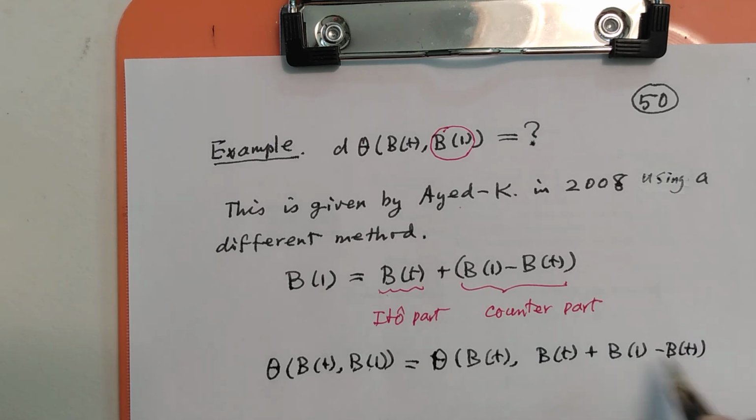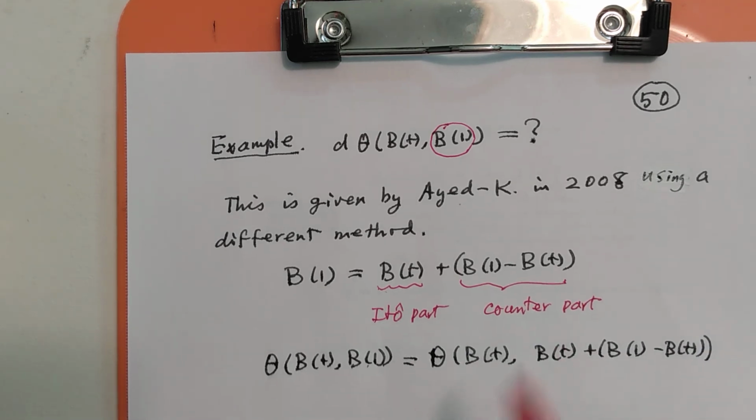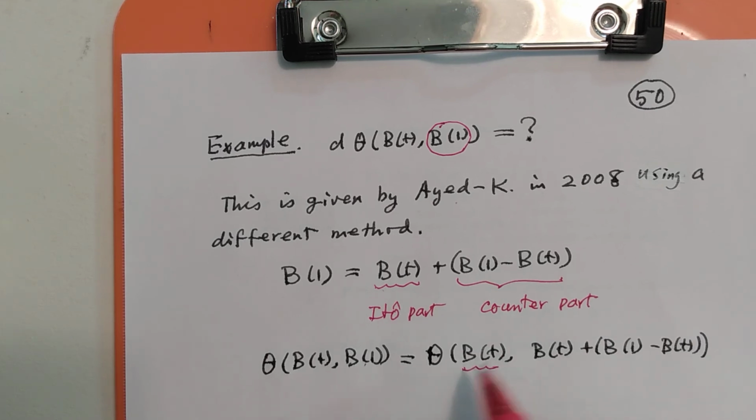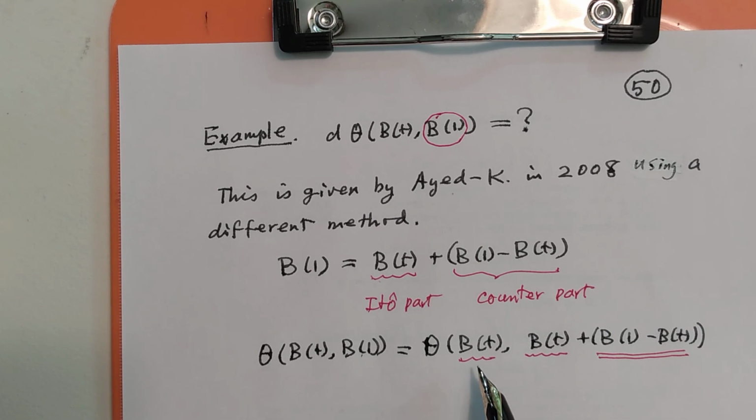And note that here we have B_t is the Ito part, and this is the counterpart. So you see here we have one stochastic process B_t, and another one in the counterpart, B_1 minus B_t.